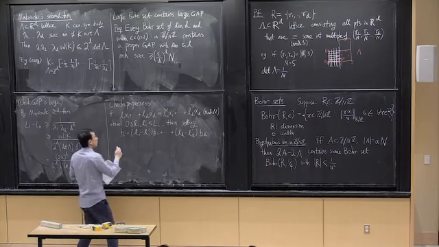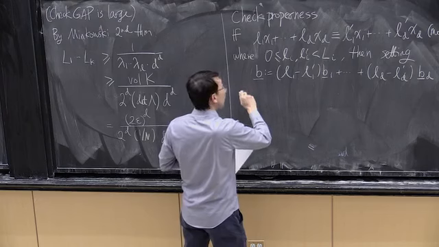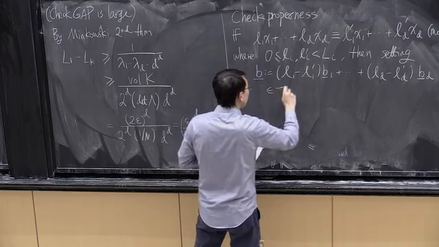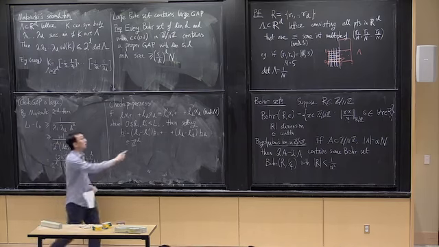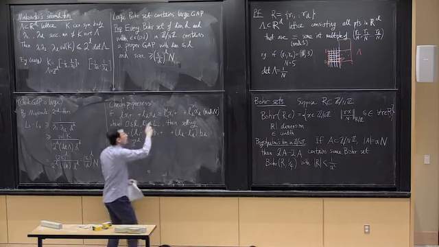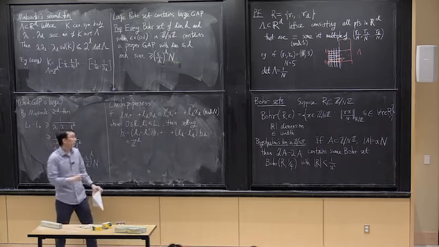We find that, first of all, it lies in Z to the d, because these two numbers are congruent to each other mod n.